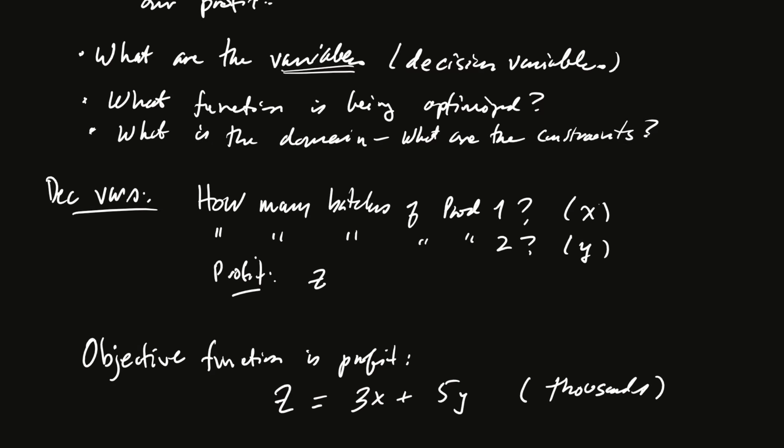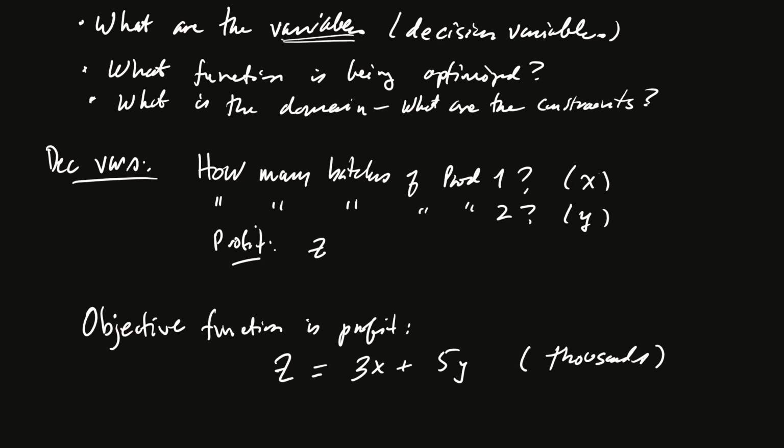All right. So this is the function that we want to maximize, of course. But we can't just build as many X and Y as we want. We have some constraints, and what are those constraints?